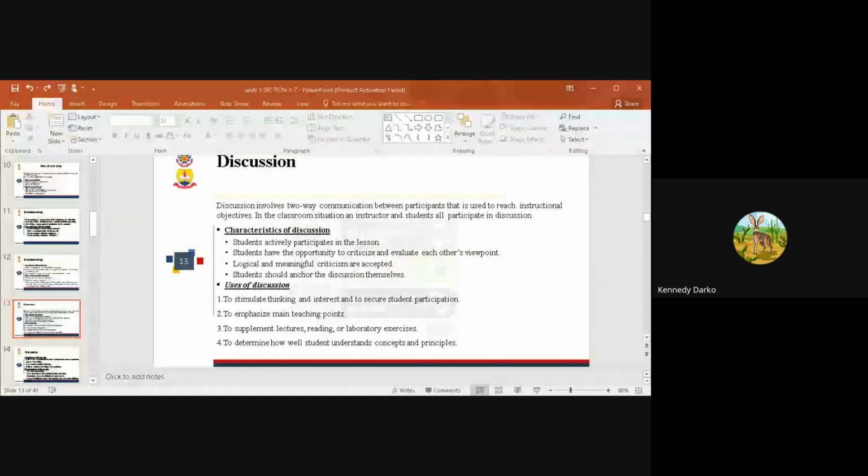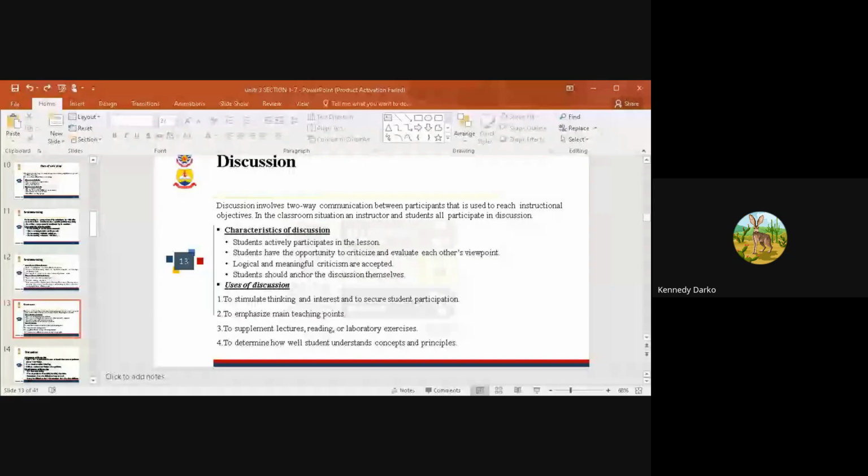Students should anchor the discussion themselves. Yes. Whatever discussion you are bringing, we should try and accept it and try to devise a method of making sure that this thing that we are saying is right. So we are all going by it.